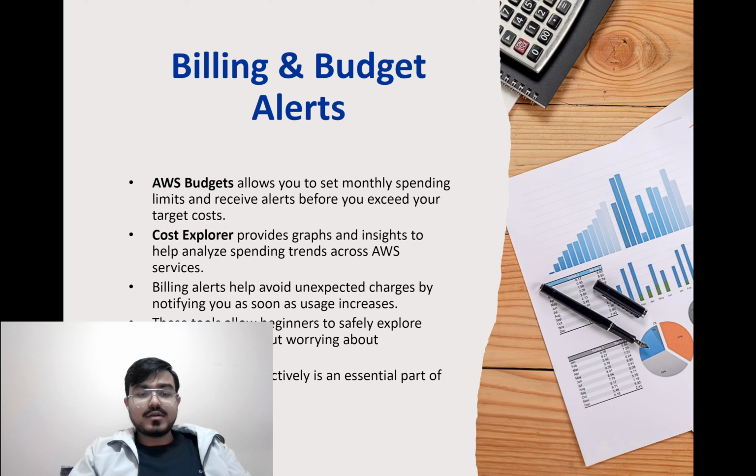Cost Explorer shows graphs and historical spending, so you can see which services cost the most and where to optimize. These tools help you stay in control of your AWS bills and avoid wasting money on unused resources.